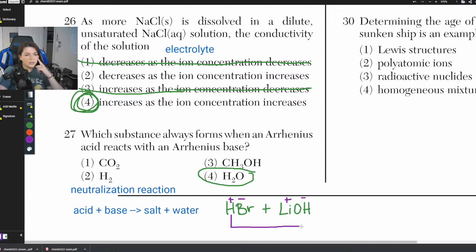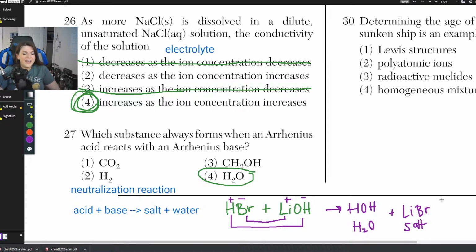H is going to bond to that OH, which is HOH or H2O. Then you'll have the lithium and the bromine making lithium bromide. And that's it. This would be the ionic salt, and then you have water.